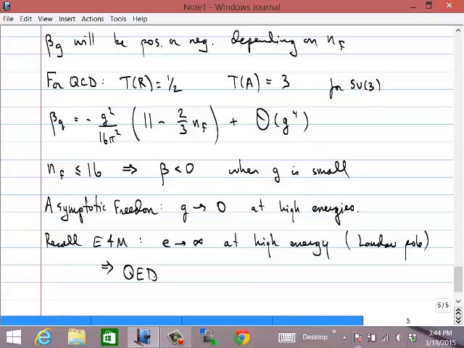So QED is just not well defined at very short distances. It works fine as an effective field theory. In fact, at very low energies, it works very, very well.